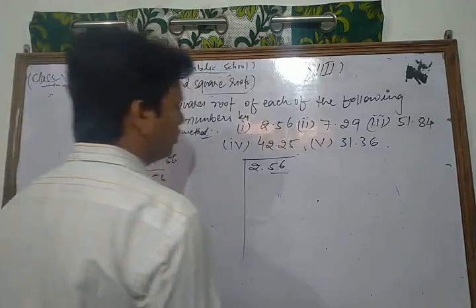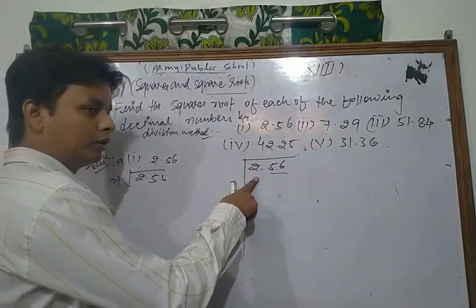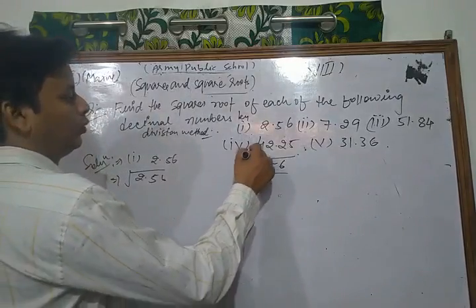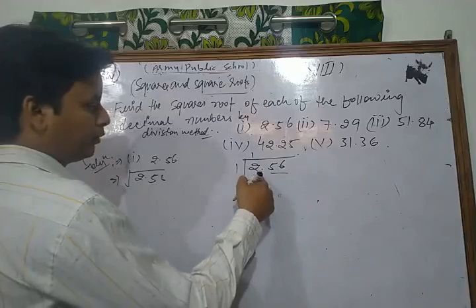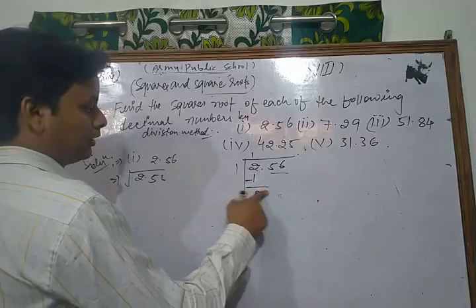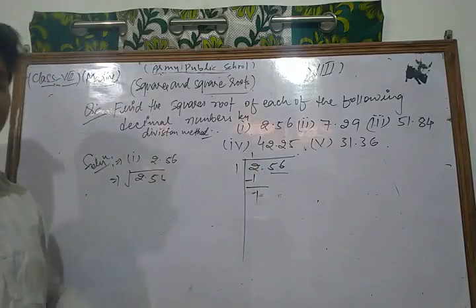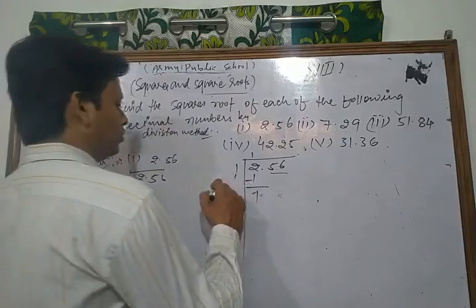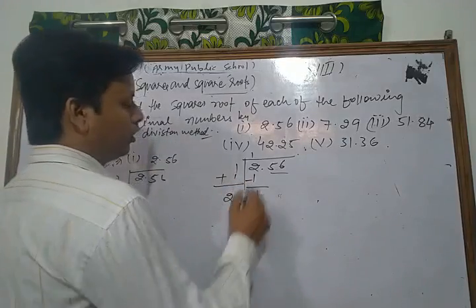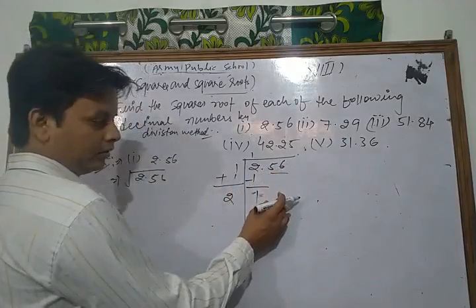Now 2 twos are 4, which is greater than 2, so we take 1 one is 1. Now 2 minus 1 is 1 left, and we add that quotient to the divisor, so now it is 1 1 2. Now we write the pair in that place.